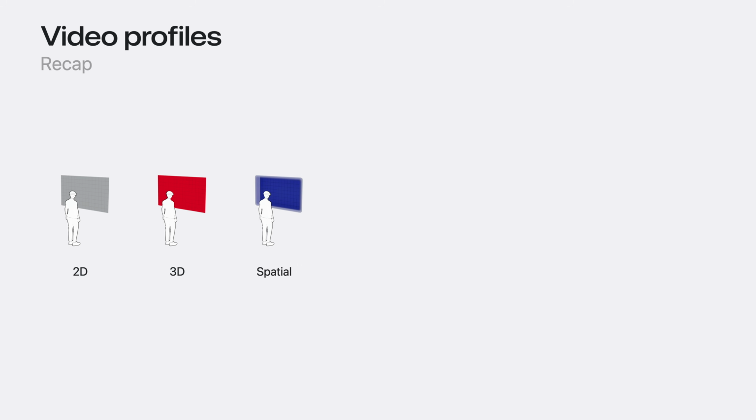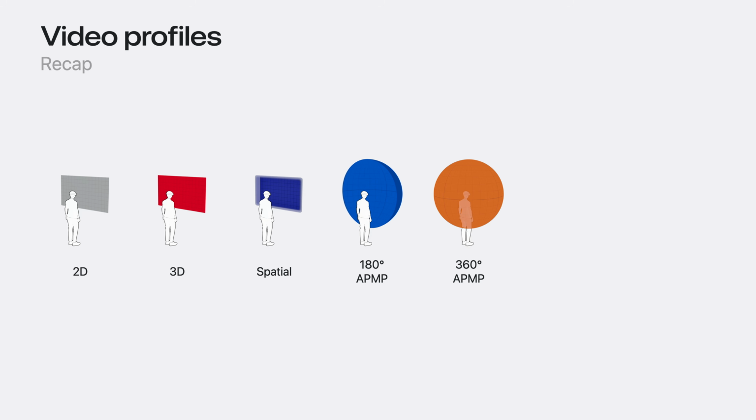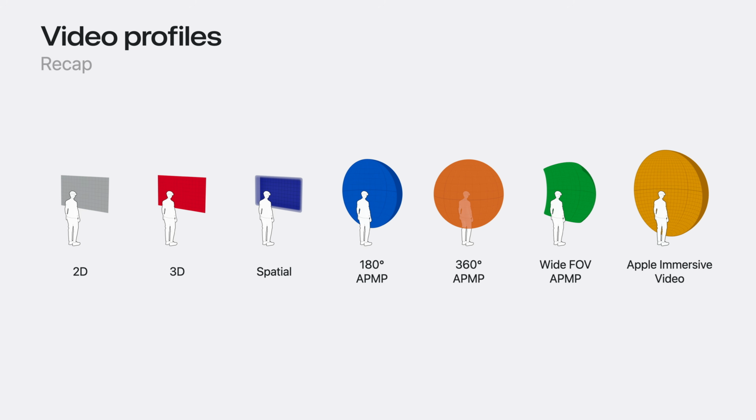To recap, we have 2D and 3D video presented on a flat screen, spatial video, where stereo video is inset behind the flat screen for windowed presentation and shown at true scale when immersive, 180 and 360 video, projected onto a half sphere and a full sphere, wide field of view video, with a curved mesh that matches the projection of a wide-angle lens from an action cam, and Apple Immersive Video, with high-resolution stereo video perfectly calibrated to each lens in the camera that captured it.